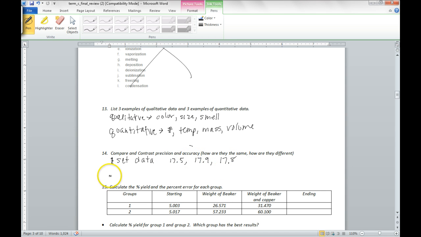Accuracy is looking just at one measurement. So say Billy did this one, and now we're just looking at how accurate Billy was to what he was supposed to get. So we would just be looking at 17.5, nothing else.